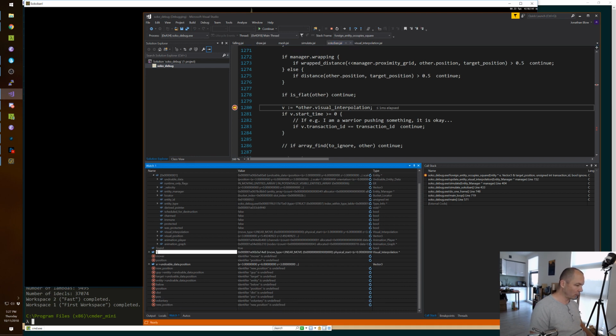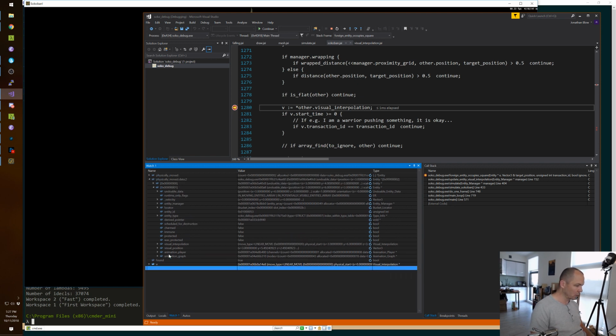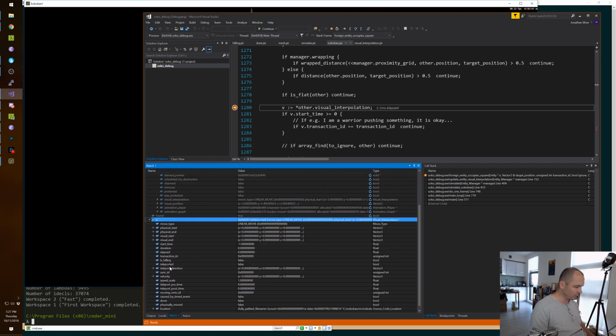Okay, what is this? It's a linear move, but it's -1. From the origin to the origin.